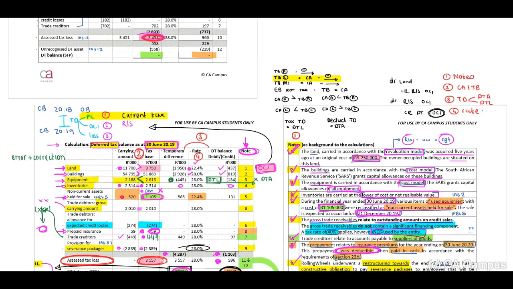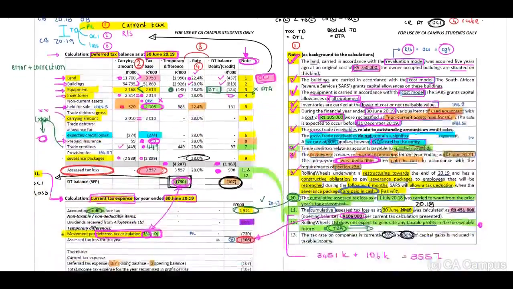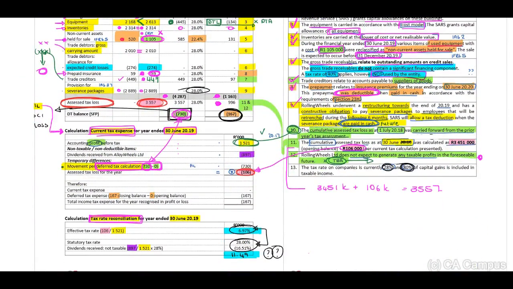Now if we look at this, we have our assessed tax loss, and we actually now use this against the 4287. Therefore, in our recon, we have now used the assessed loss. Therefore, this is also a reconciling item, because this has been set off against our taxable temporary differences.